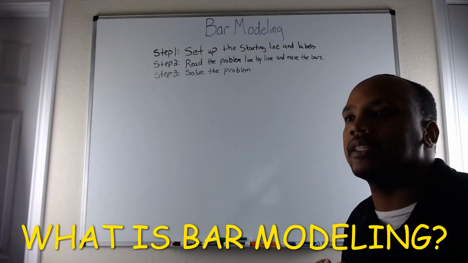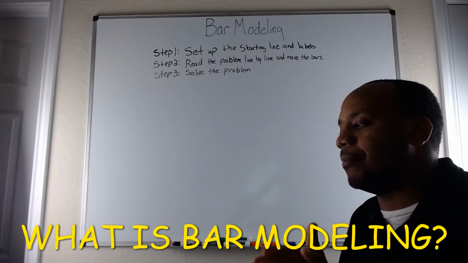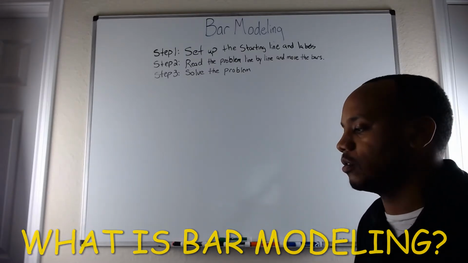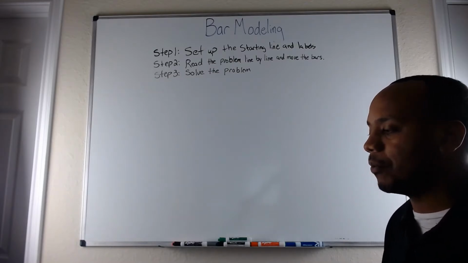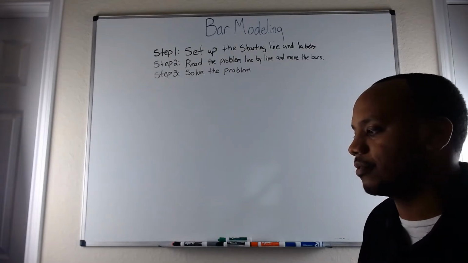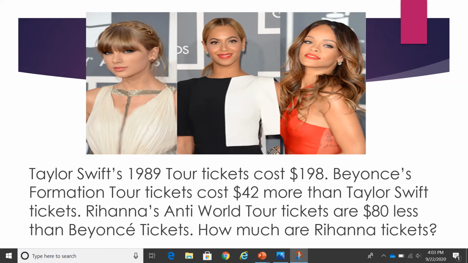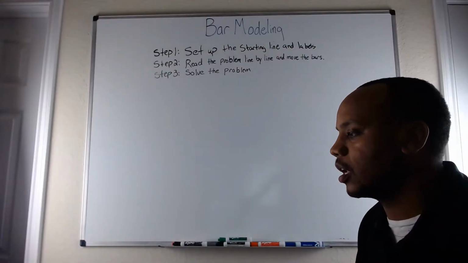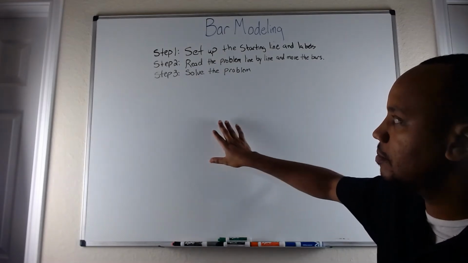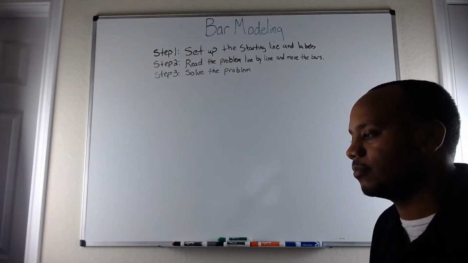So the goal is to show the problem in bars, to show the movement of the problem in bars. In my class, I did a problem with Beyonce, Rihanna, and Taylor Swift. I want to do the steps of bar modeling with that problem.